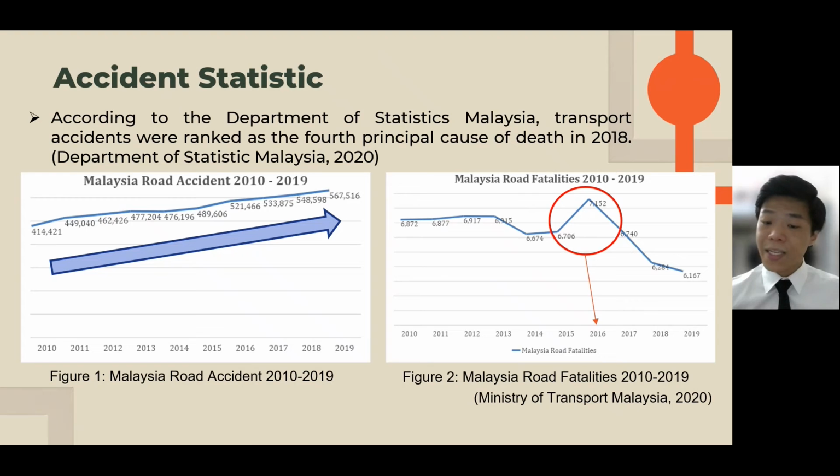So this statistic is from the Ministry of Transport 2020. So, and additional information, the transport accidents were ranked as the fourth principal cause of death in 2018, according to the Department of Statistics Malaysia.